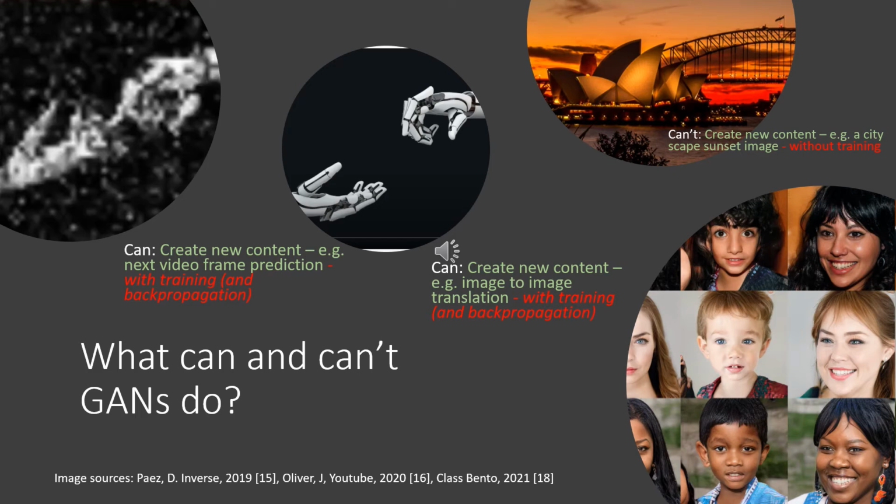Also, they can do lip-syncing voices with video and create the video, as in the Obama video. They cannot create new content without a training sample. So for example, they couldn't create a cityscape sunset without prior training samples and backpropagation.